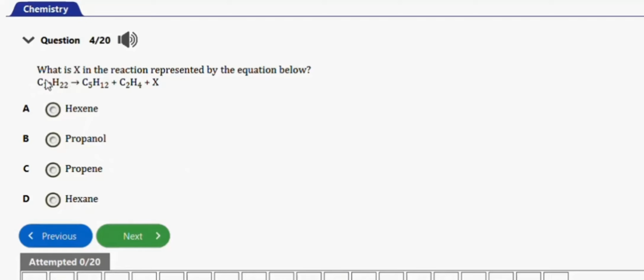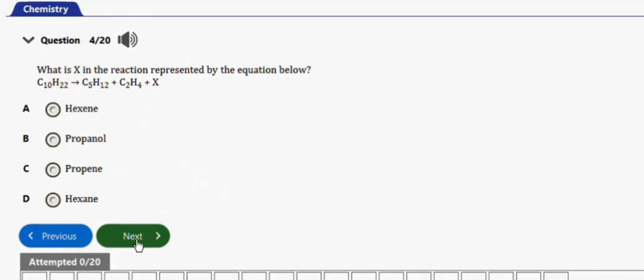When this hydrocarbon decomposes, you're going to get propane as the value of X. Alright, so that's it for this question.